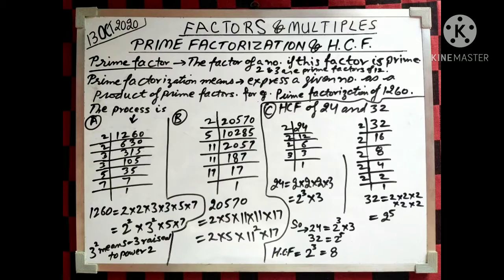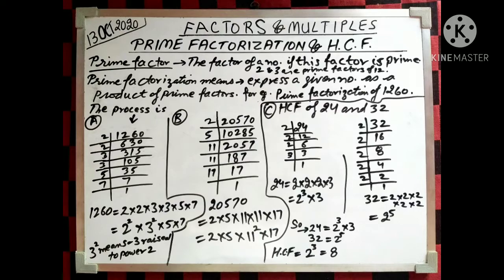Then again the division gives 315. Next we use 3, and we get 105. Again by 3 we get 35. Then we use 5 and we get 7. Finally we get the last number as 1.